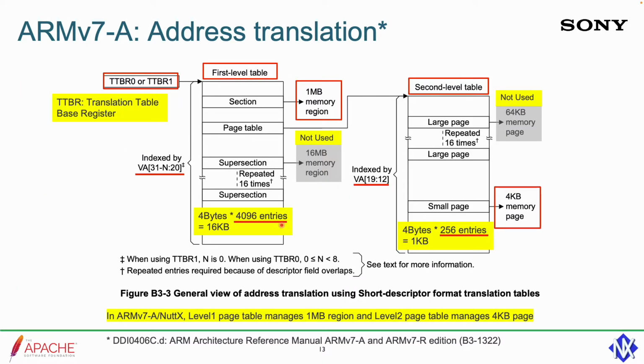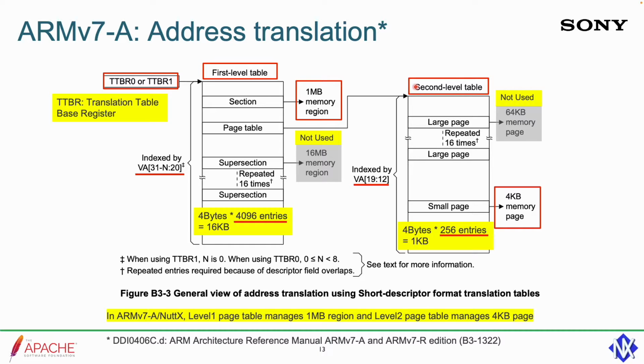The next slide shows address translation for ARMv7-A. With the MMU, we need to use page tables to map virtual addresses to physical addresses. In the ARMv7-A architecture, two-level page tables are used for address translation.